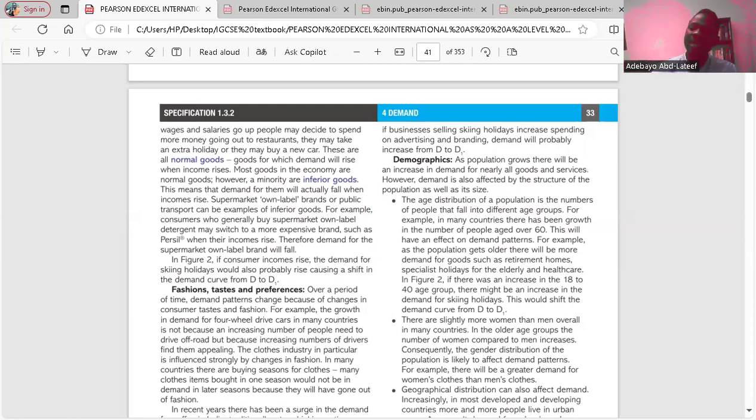So when income level increases, demand for normal goods will increase, shifting the demand for normal goods rightward from D1 to D2. While for inferior goods, the demand for it will reduce, shifting it leftward from D to D2, with the increase in income. Do you get it? Yeah.